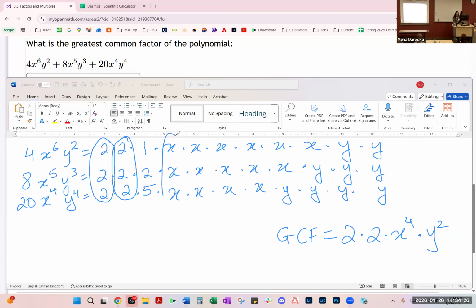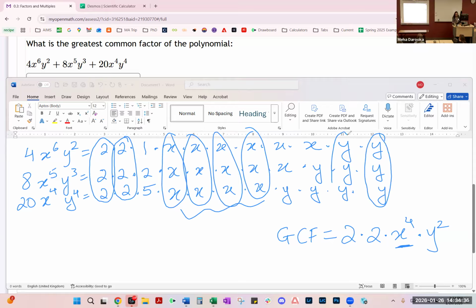So same idea you can use here. You can see 1, 2, 3, 4 of these are common, right? So that's where the x to the 4th is coming from. And on the y terms, you can see 1 and 2 are common because then it's a combination of either x's or y's or both of them, right? So then you have nothing common between all 3 of them.